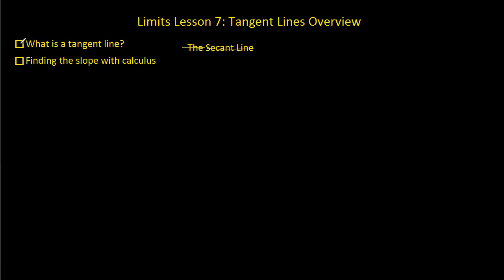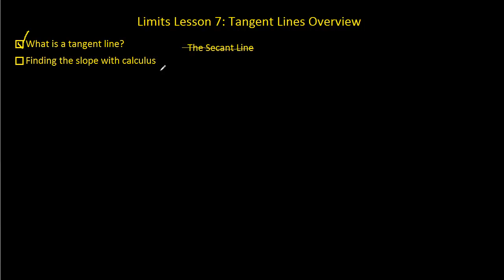Now, we can check this off. We know what the tangent line is, I guess. I'll give it the check. I said a moment ago that we wouldn't, but once we know how to find the slope with calculus, and we understand how to use calculus to find the tangent line, then we'll be fine.